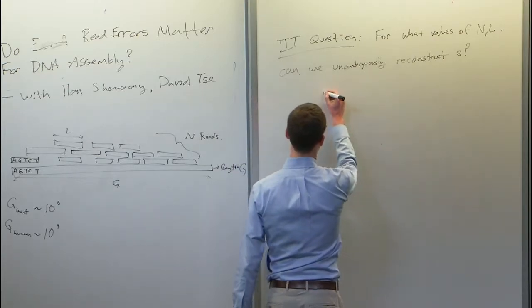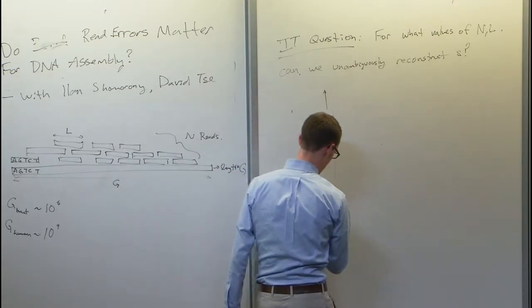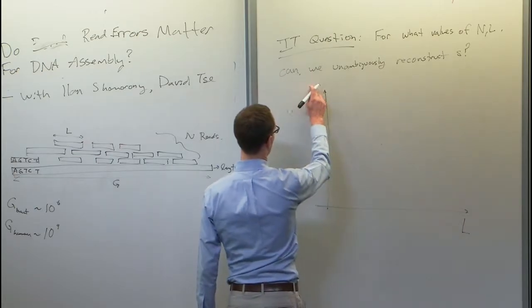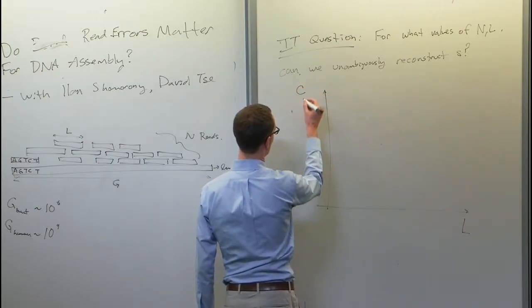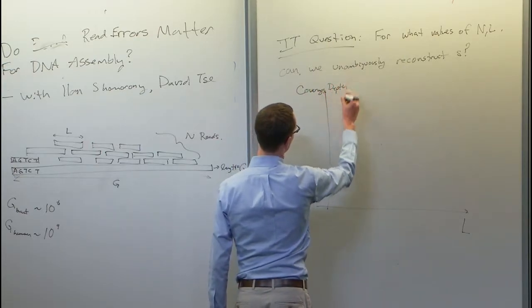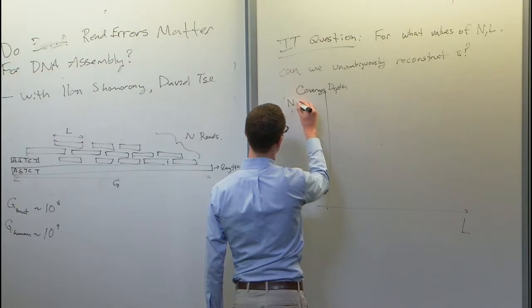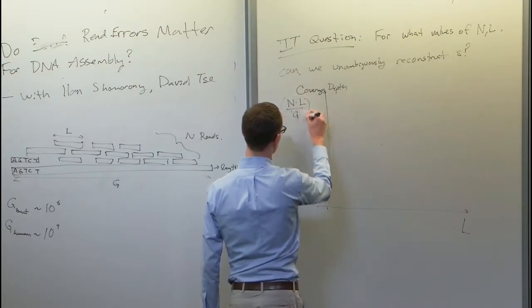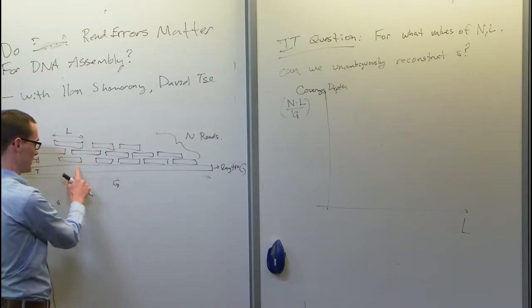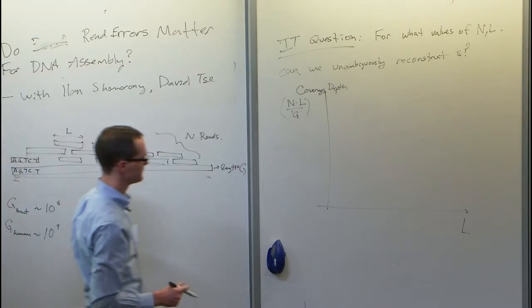In particular, if I think about plotting L and I'll call it the coverage depth, which is just n times L over G. So what is this? This is just the average number of times each base is covered, right?